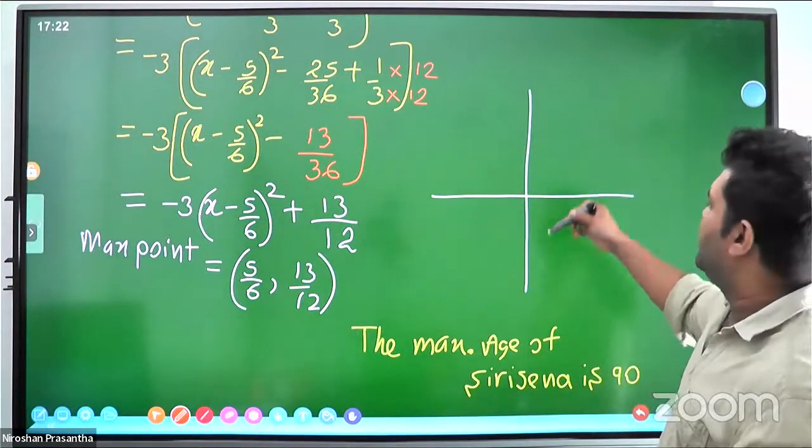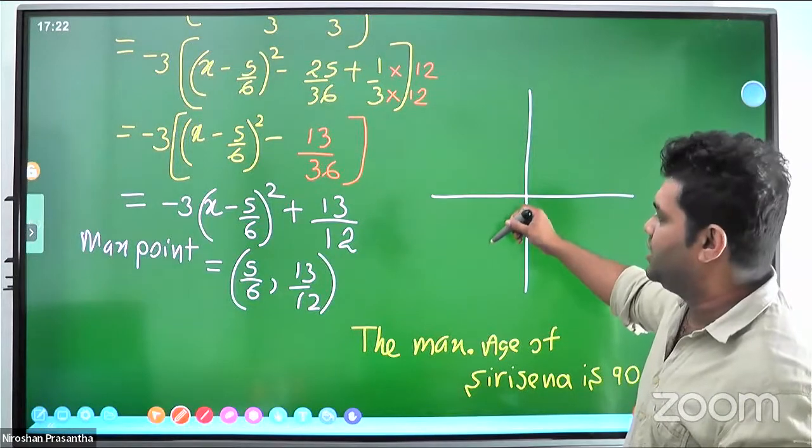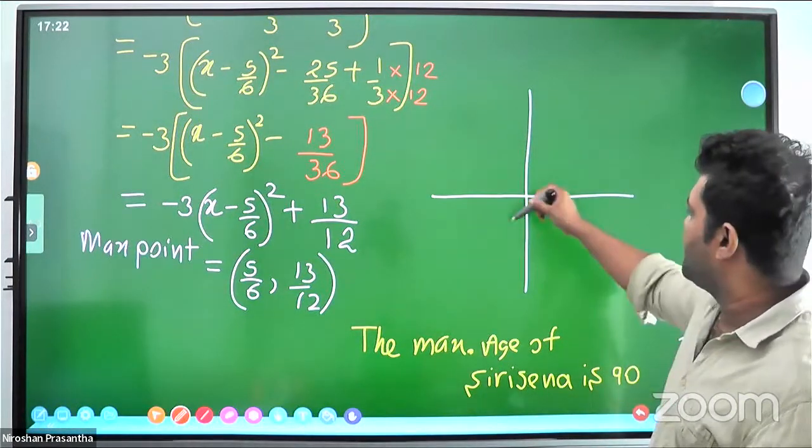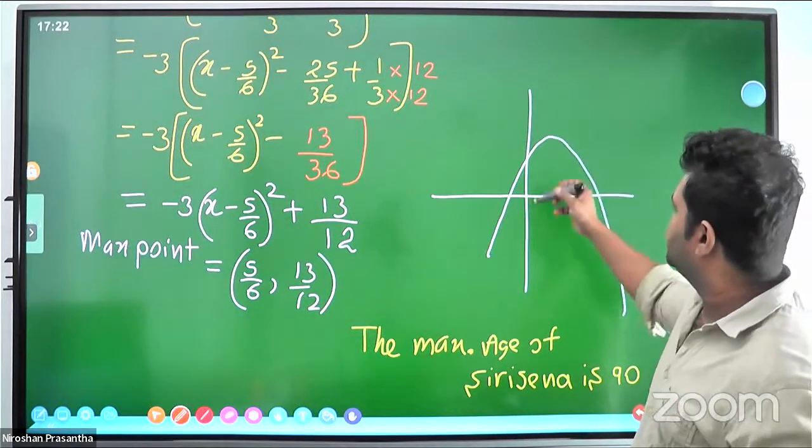You can write it down and make the sketch, 5 over 6, like this.